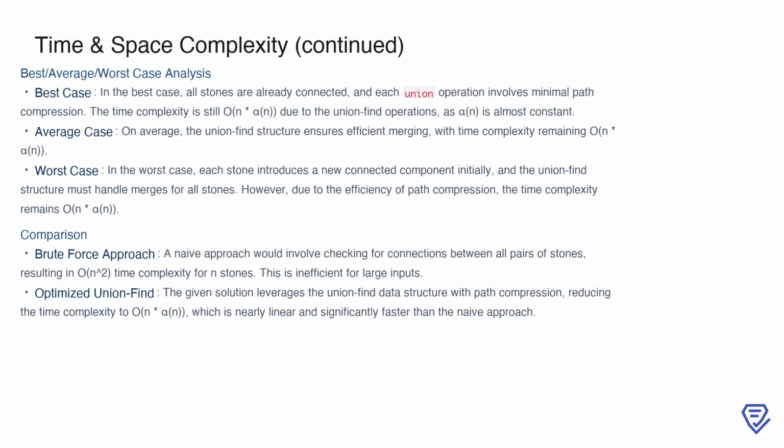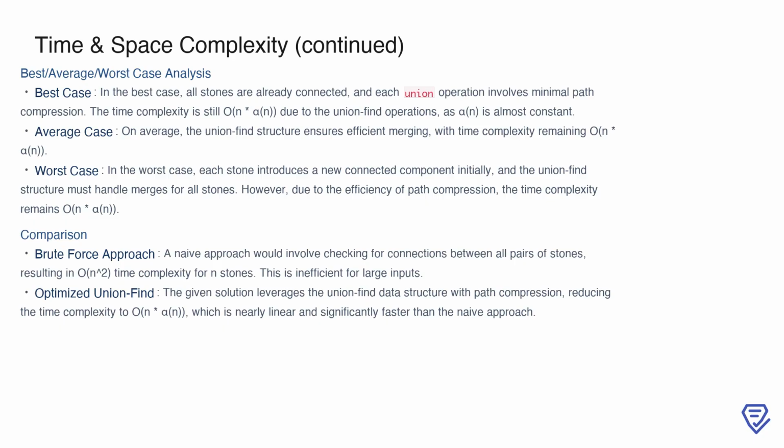Now let's analyze the best, average, and worst-case scenarios for this algorithm. In the best case, all the stones are already part of the same connected component, meaning that union operations require minimal path compression. Even in this scenario, the time complexity remains O(n * alpha(n)), due to the union find operations, as alpha(n) is nearly constant.